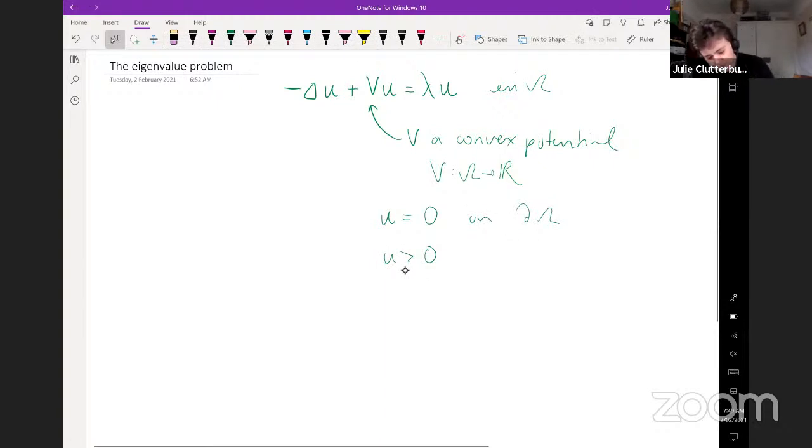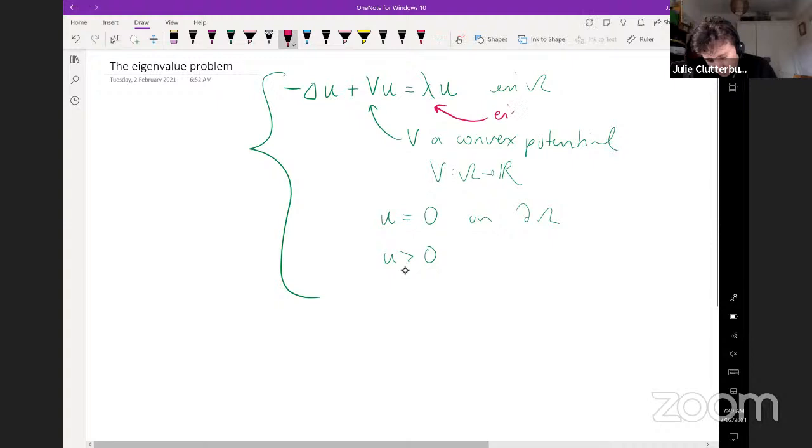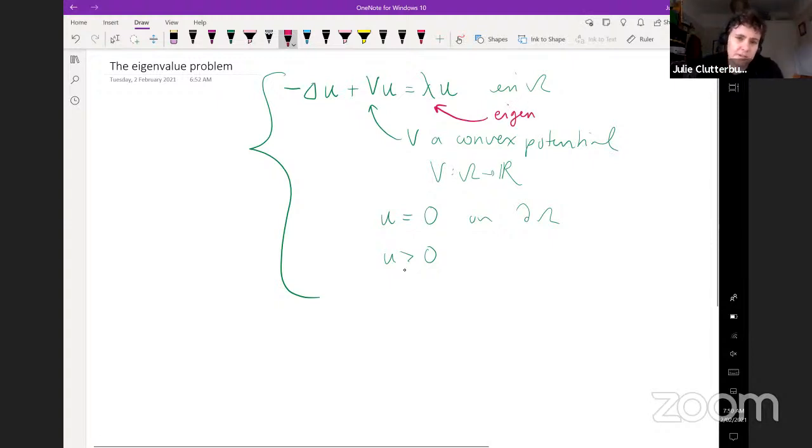And once we've set up our problem like this, the general theory of eigenvalues tells us that there's exactly one lambda that satisfies this, and that lambda is the eigenvalue. So if you think of some random lambda here, it doesn't necessarily have a solution, but there's exactly one lambda where it does have a solution.